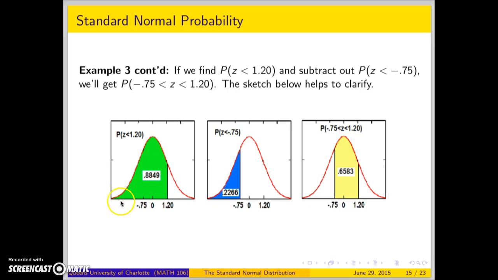So we look at the table and we find that the probability that z is less than negative 0.75 is 0.2266. So now all we have to do is subtract them. 0.8849 minus 0.2266 equals 0.6583, and we get the between.